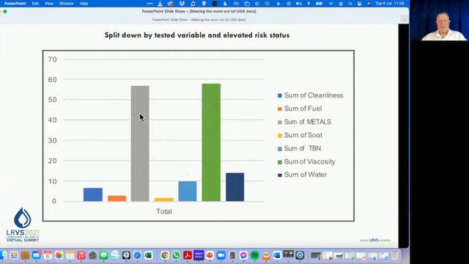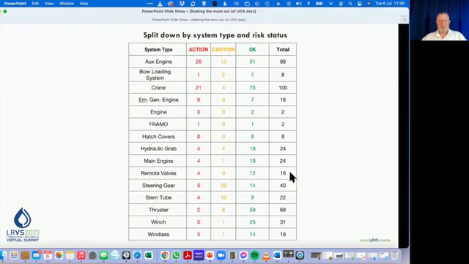And we can see the two hitters there are unusual metals and unusual viscosity. So it would be reasonable to suggest we've either got a housekeeping issue across the whole piece, or we've got some high degrees of wear, or indeed high degrees of oxidation. It's not particularly clear, so we need to drill a bit further down.